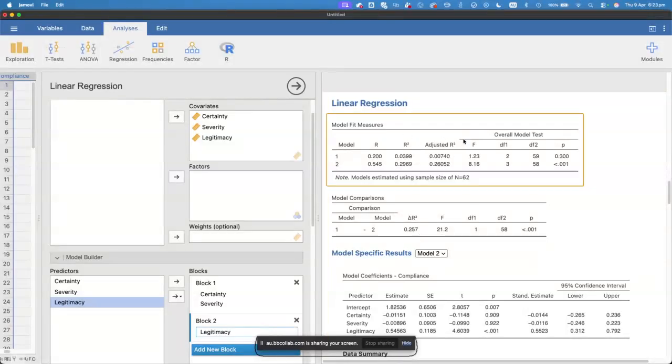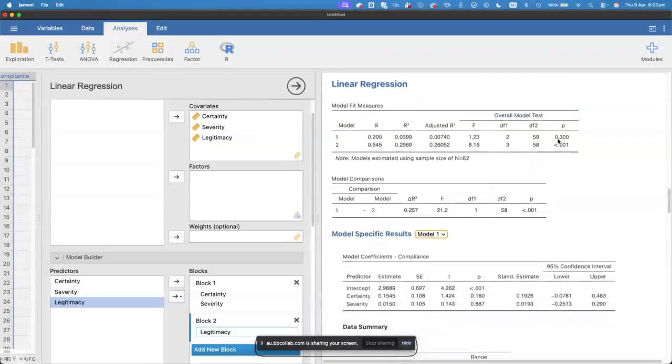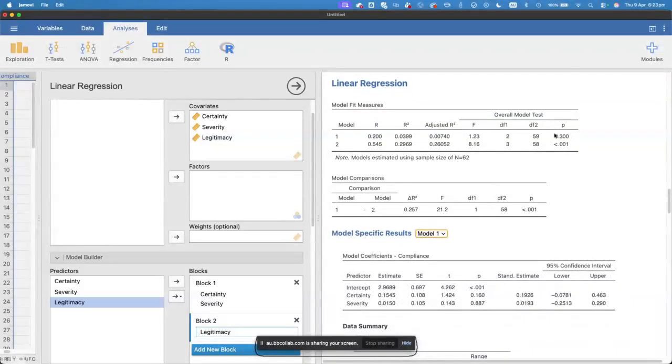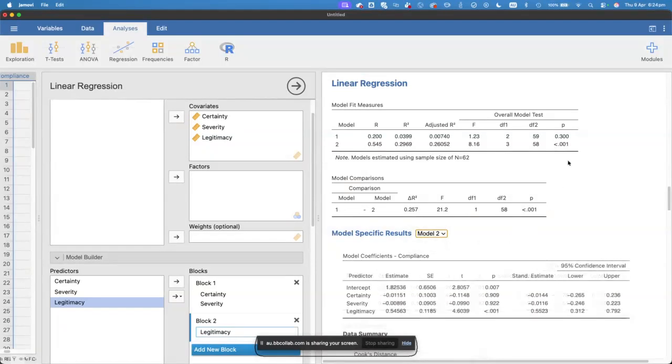These model fit measures are looking at, for each of these models, do they fit the data better than the mean of your dependent variable? Here is the mean of compliance. The first model, which just had certainty and severity in it, didn't fit the data any better than the mean. So the mean was actually just as good as that model.